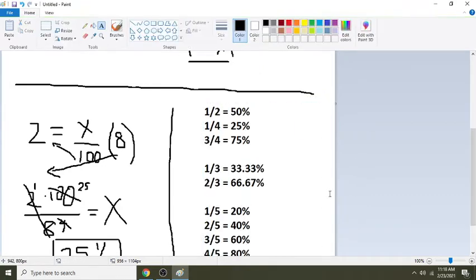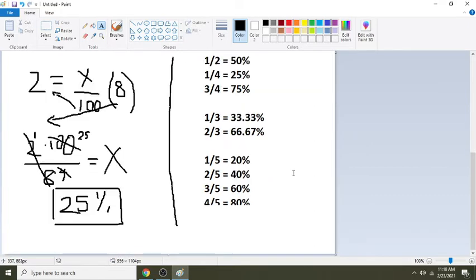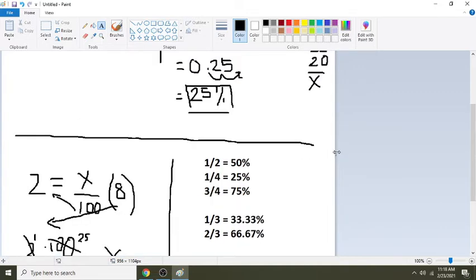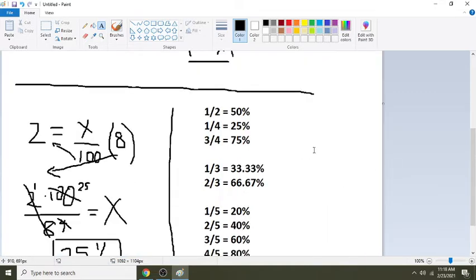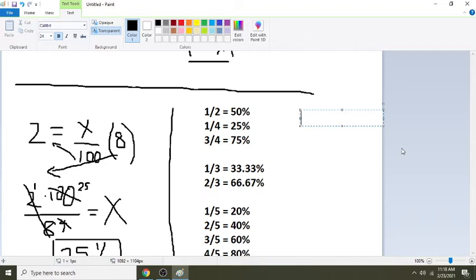Alright. I think that's good. And those are basically the easy ones. Oh, the tens. Of course, you have 1/10 is 10%, 2/10 is 20%, and so on.